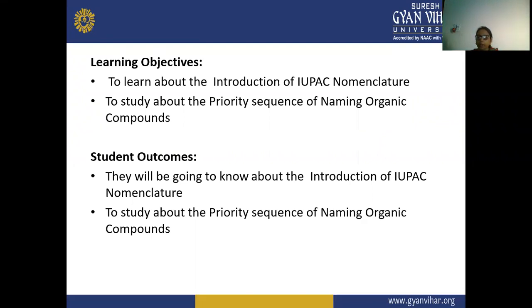According to that priority sequence, we are going to name the organic compound which contains different functional groups. So we will discuss the IUPAC nomenclature according to the priority sequence in a chemical compound having different functional groups.